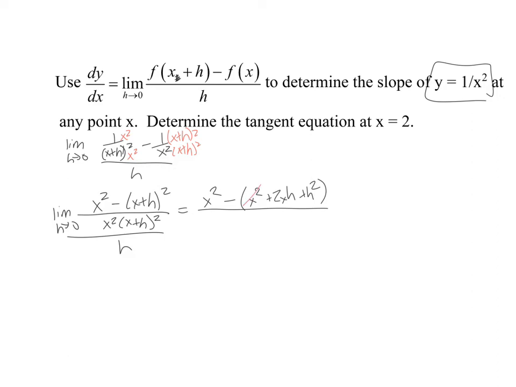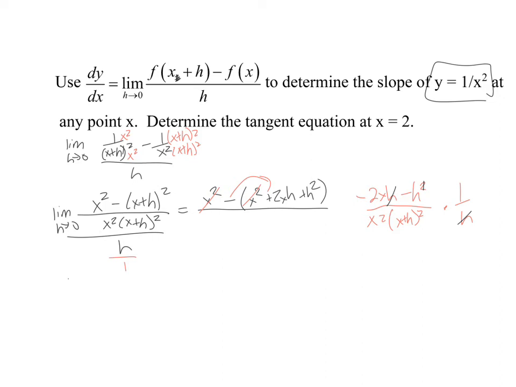You can see x squared minus x squared cancels, so we would get, don't forget about the negative, that goes on everything, so we'd get negative 2xh minus h squared on the top all over the bottom. And let's do our reciprocal, so let's times it by 1 over h. So again, you can see our h's would cancel, one on the top and one on the bottom.